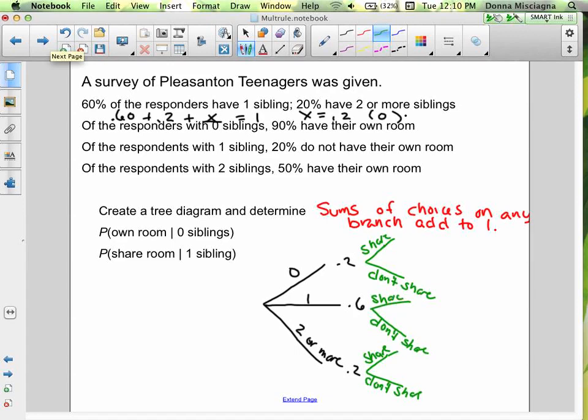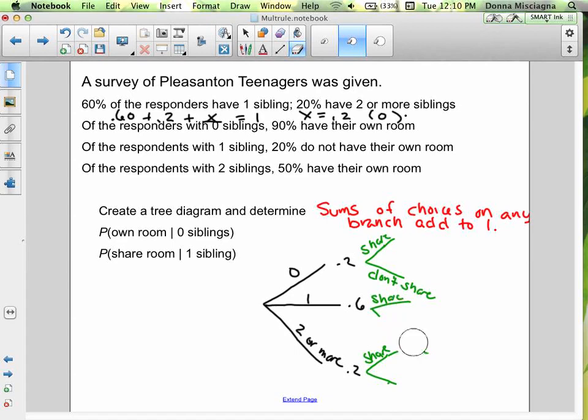Let's take a look at the responders with 0 siblings. 90% have their own room. Maybe instead of don't share, I should put own, since the problem says own, and own takes up less space.